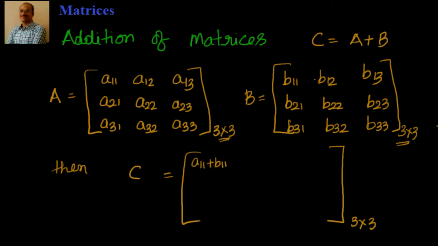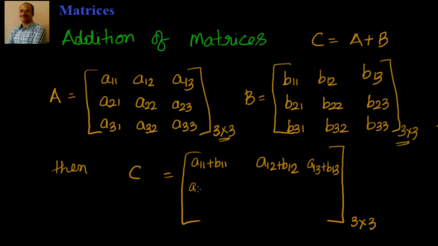Similarly, the second element will be A12 plus B12, and the first row third column element, that is the 1 3 element of C, will be the corresponding element in A at 1 3 and in B at 1 3. If you add them, it will be A13 plus B13.